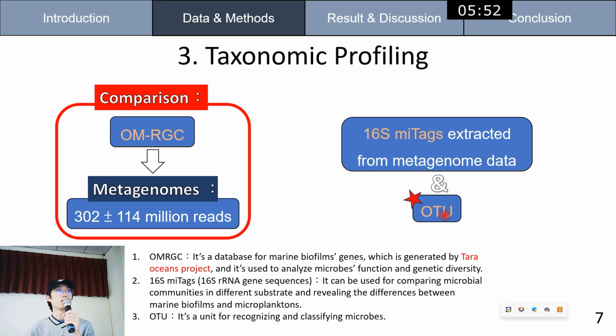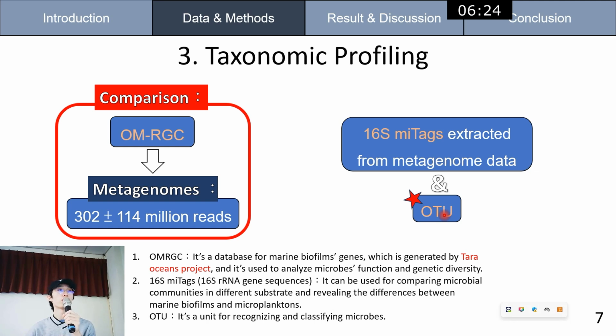We use the 16S miTags, which are also 16S rRNA gene sequences. For the 3 domains and 6 kingdoms, the classification uses the 16S miTags. And we use OTUs to profile them. What is an OTU?